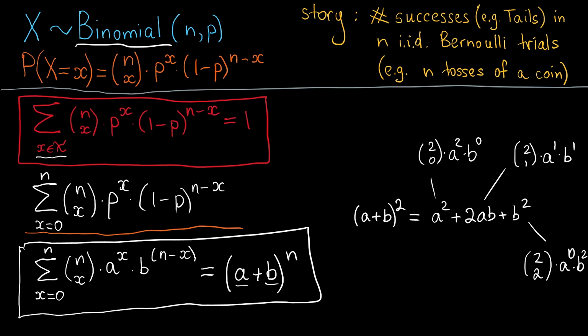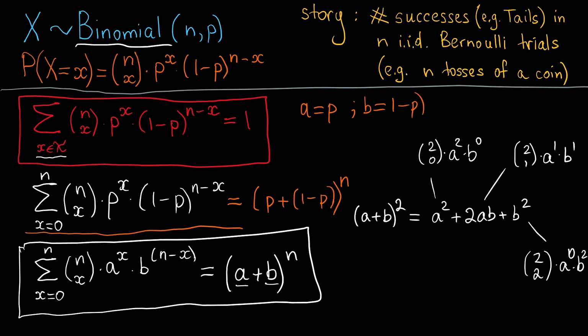So then in the above expression that we're trying to evaluate, we have essentially the binomial formula, but a equals p here and b equals 1 minus p. Therefore, this will evaluate to p plus 1 minus p, that's the binomial in question, raised to the power of n in this case.